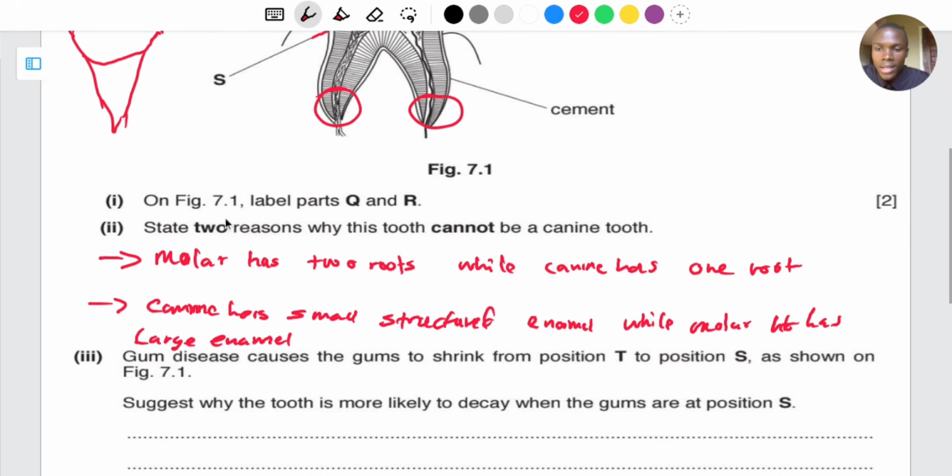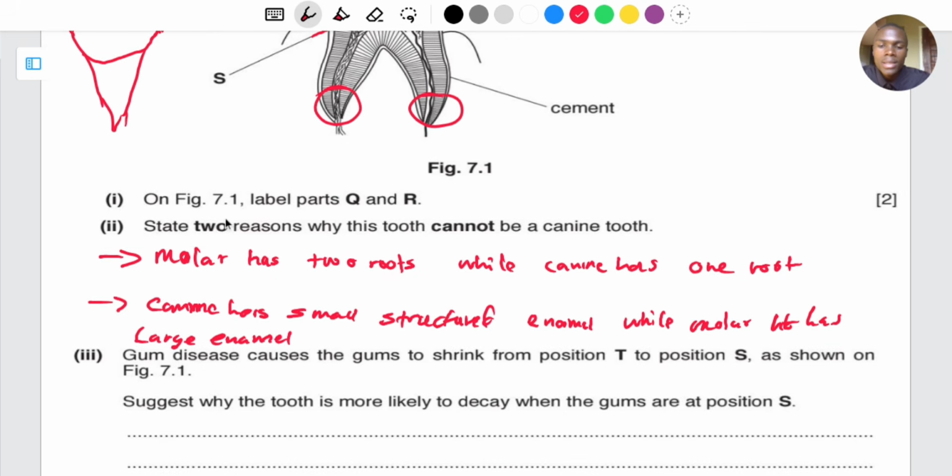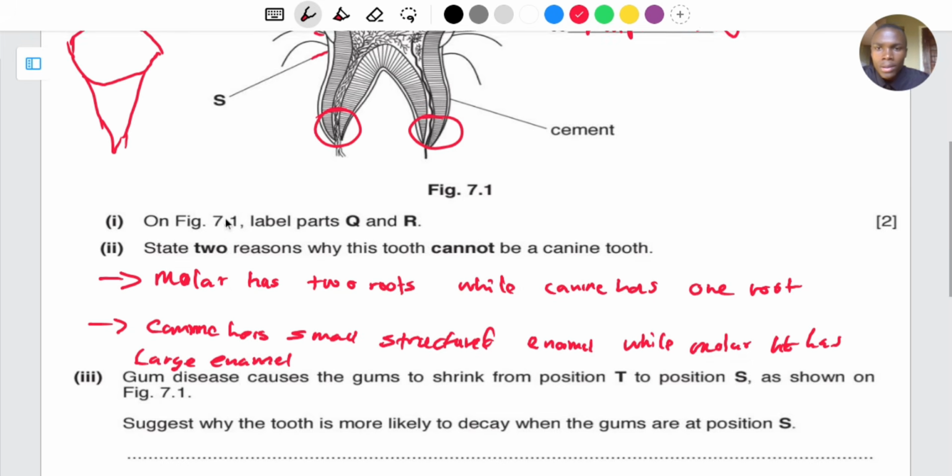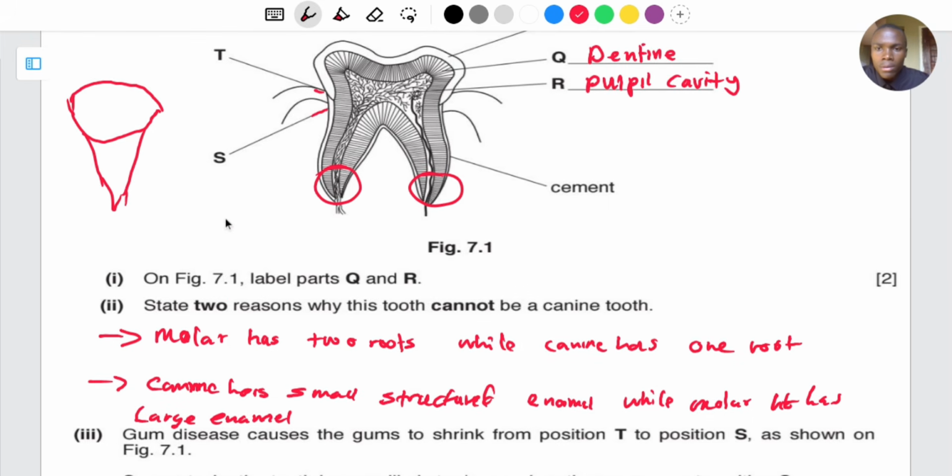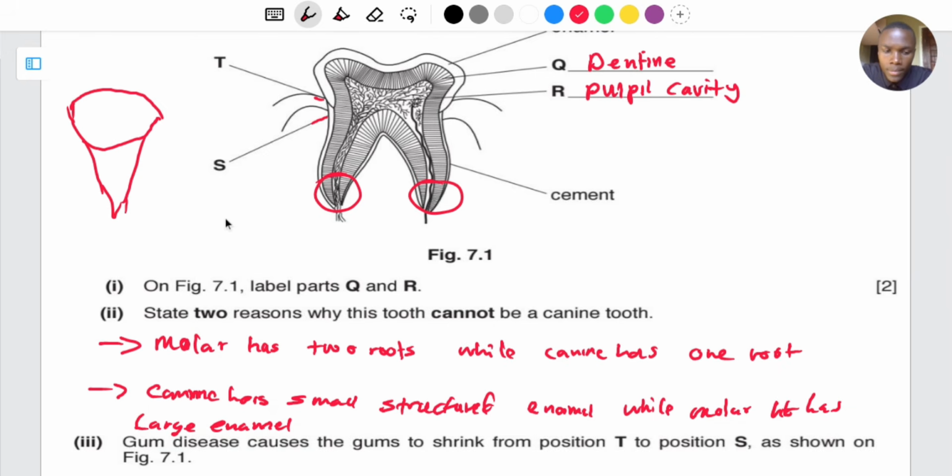Now the question is saying, suggest why the tooth is more likely to decay when the gums are at position S. In terms of the way the tooth is divided, we have this one here, which is the crown, and this part here is the neck, and the entire part here is going to be the root.